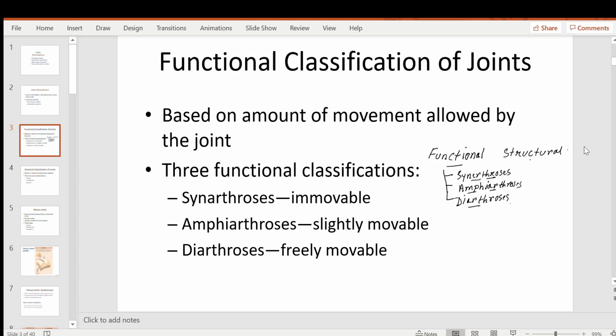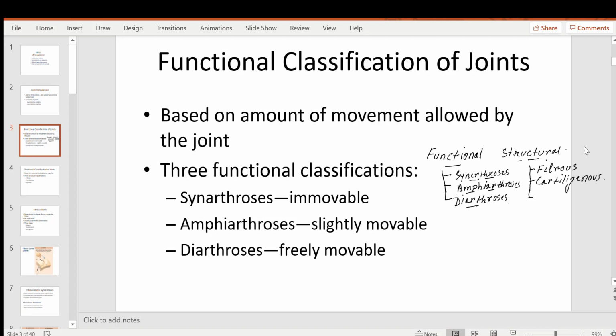Structurally, by looking at the structure of the joints, we classify them into three types: fibrous, cartilaginous, and synovial.